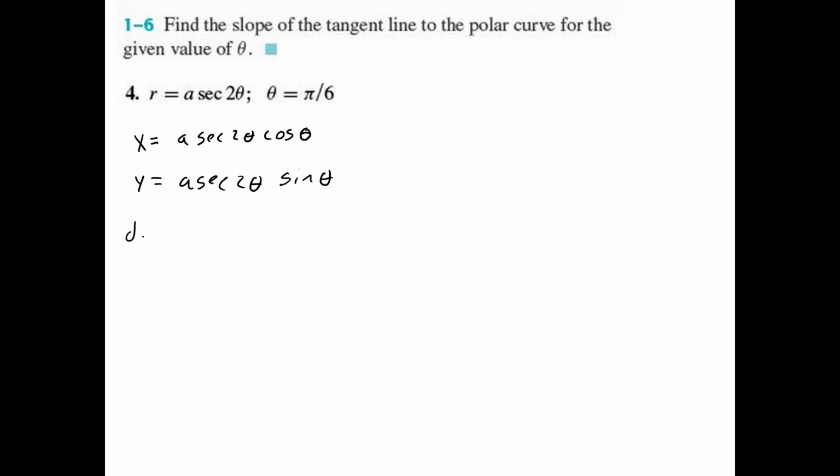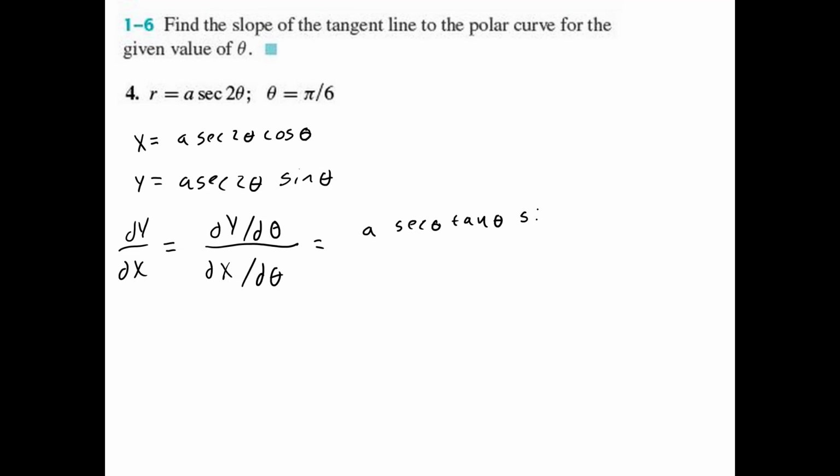So then dy dx is equal to dy d theta divided by dx d theta. And dy d theta, the derivative of the secant is the secant tangent. Secant theta, tangent theta.